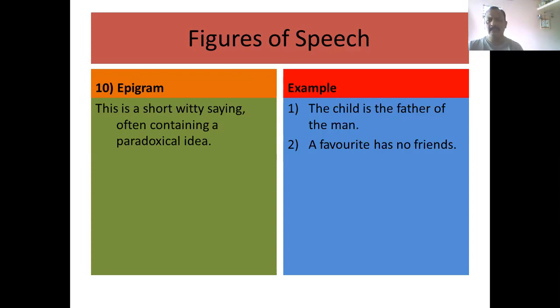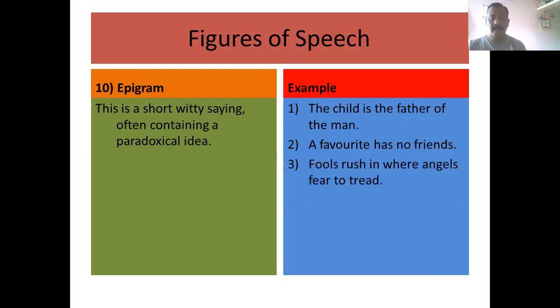He has so many friends, millions of friends. So the favorite has no friend. Apparently it looks absurd or witty, but when you go deeper, you will find the meaning of that.